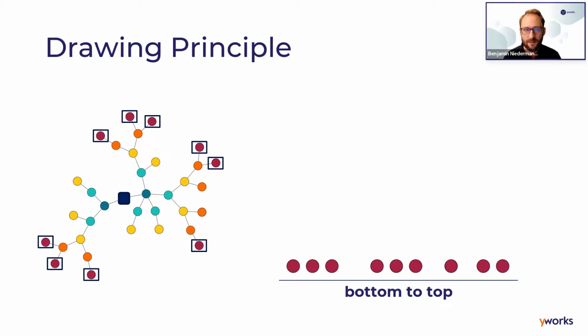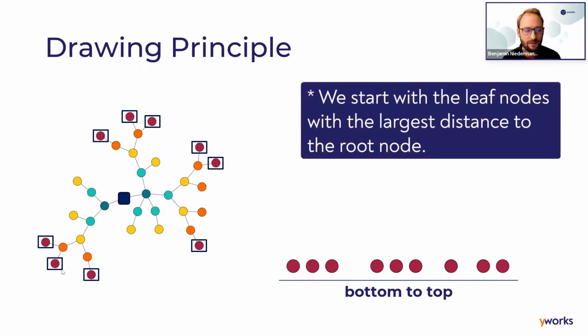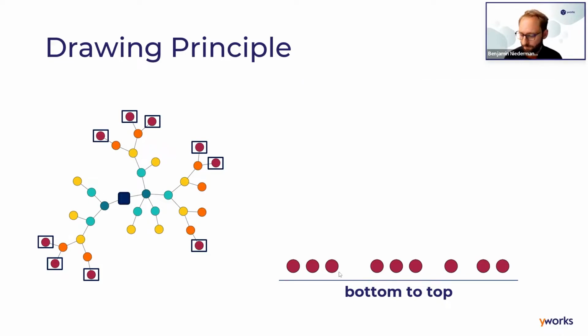The basic idea of the tree layout mechanism is that we do a bottom to top drawing, which basically means that we start with the leaf nodes and we just draw the leaf nodes. This is of course trivial because the leaf nodes are just the nodes themselves. So we just place them here and then we continue. In the next step, we consider the nodes of the next layer.